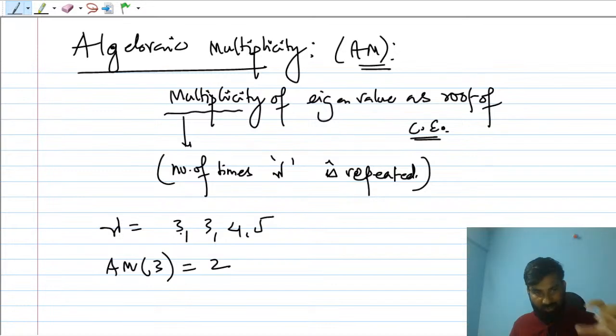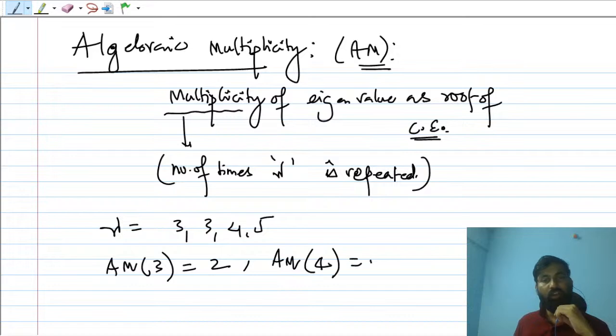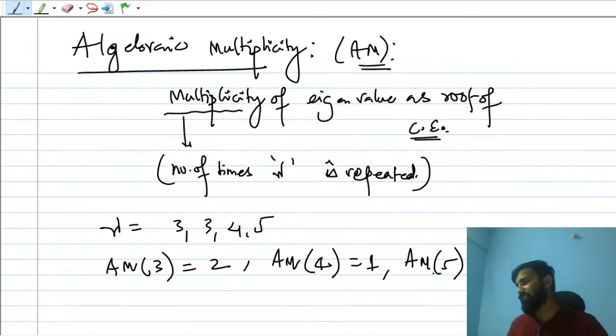Just see how many times it is getting repeated. Here there are two threes, right? So the algebraic multiplicity is going to be 2. If somebody asks the algebraic multiplicity of 4, it will be 1. The algebraic multiplicity of 5 is 1, right? I think this is clear.